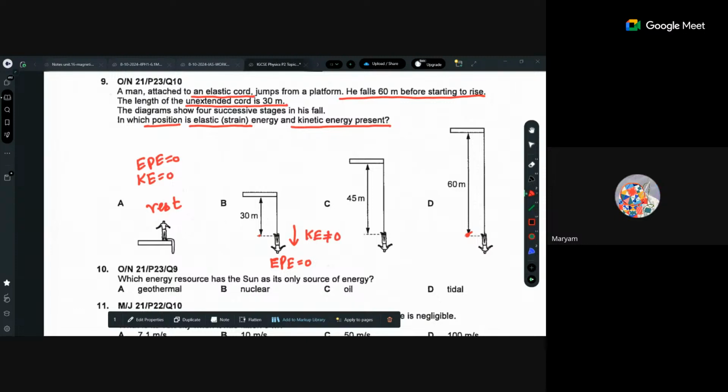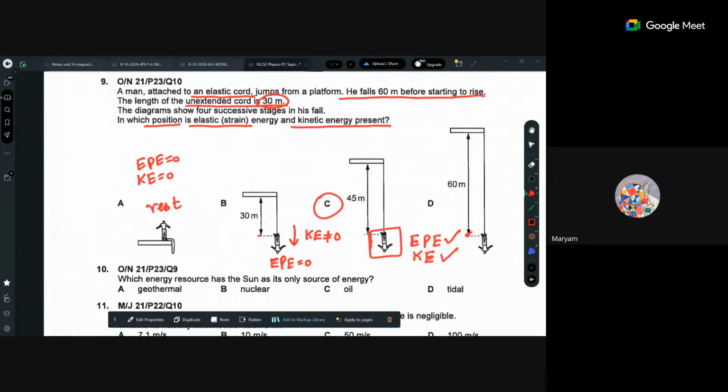The unstretched length is 30 meters, so beyond 30 meters it will stretch. So at this point, elastic potential energy is there and it is moving downward, so kinetic energy is also there. So option C is correct.